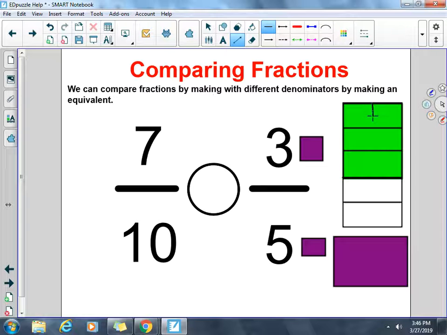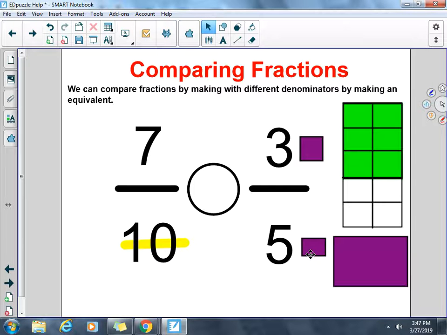If I take my first piece and double it, or multiply it by 2, I can do that to my second piece, and my third piece, and the other pieces in the whole. When I do that, I don't have fifths anymore. Now I have tenths. That's what I want because my other denominator is a 10. So by making an equivalent fraction to 3/5, I've just made this easier to compare.